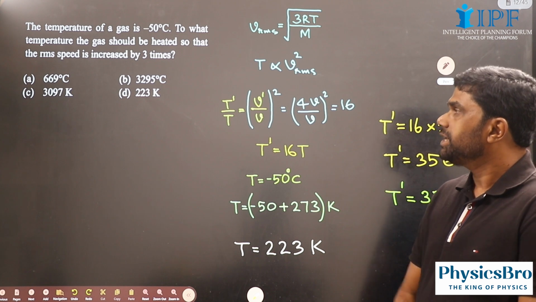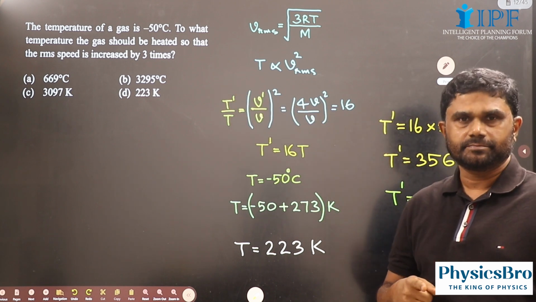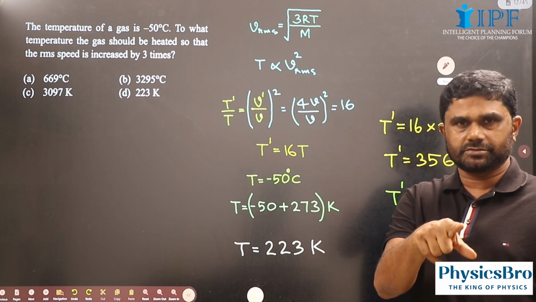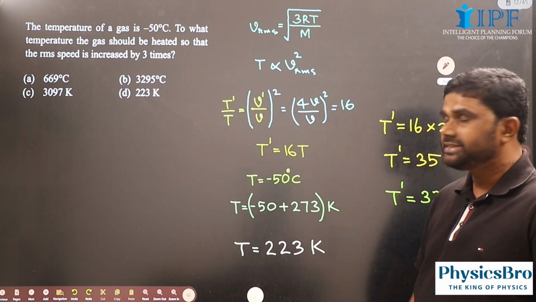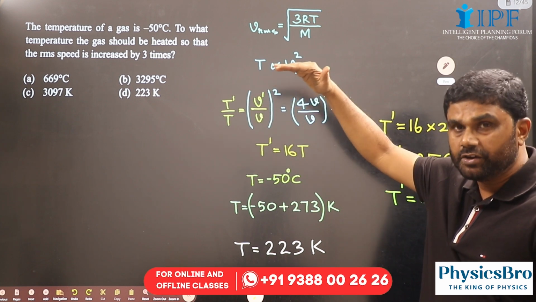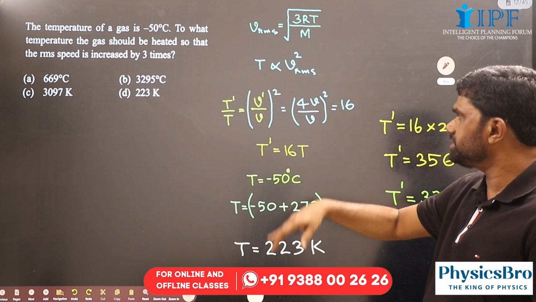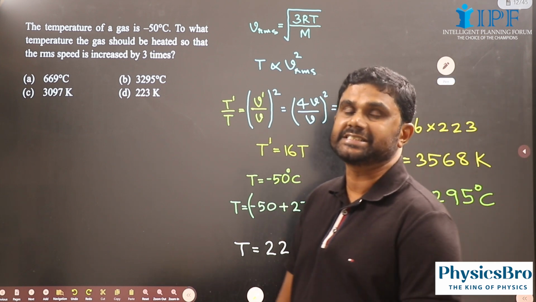Now see, RMS speed is increased by 3 times. Means it will become 4 times. Okay, so T dash by T will be V dash by V whole square. V dash, the final RMS speed, is 4 times. So 4V by V whole square, or it is 16.